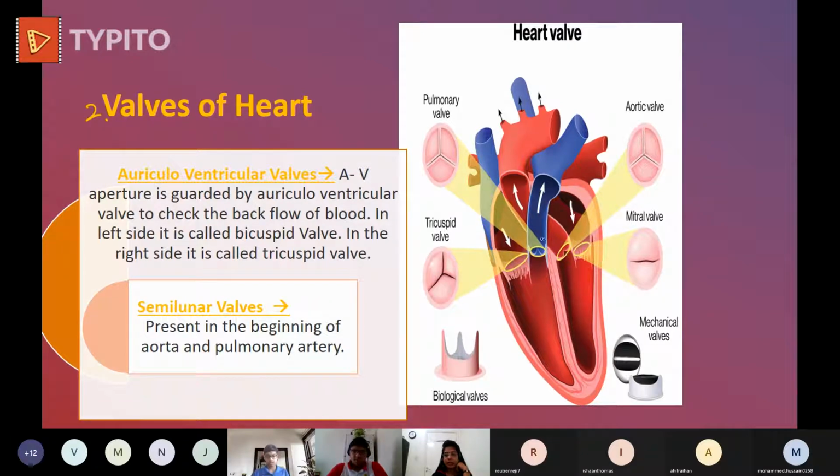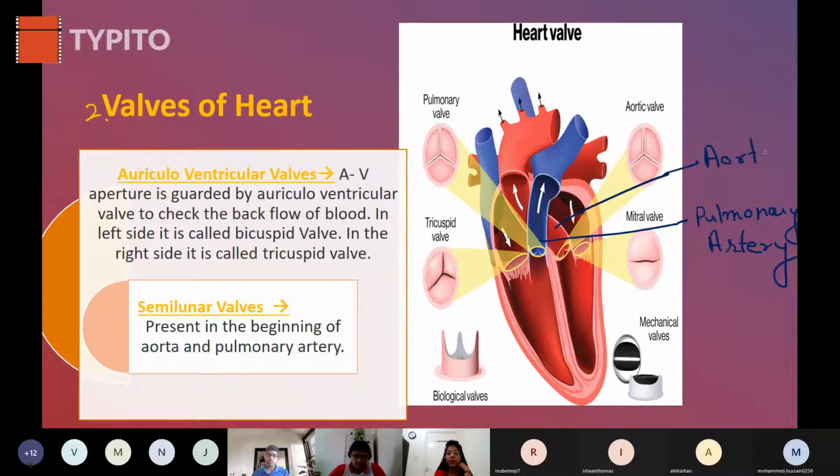It is present in the beginning of the pulmonary artery and the blood vessel which is called the aorta. So where are the semilunar valves present? In the beginning of the pulmonary artery and aorta.